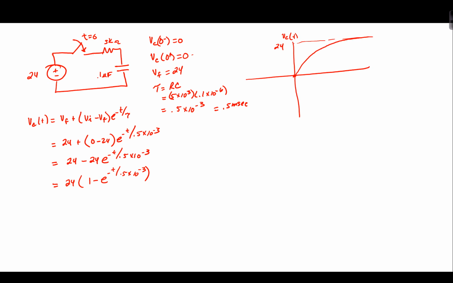Once again, we know that within about 4 tau, Tau is 0.5 milliseconds, so 4 times 0.5 milliseconds is 2 milliseconds. Within about 2 milliseconds, it will be real close, 98, 99% of its final value. So this would be 0.5 milliseconds, 1 millisecond, 1.5 milliseconds, and there you've got it.